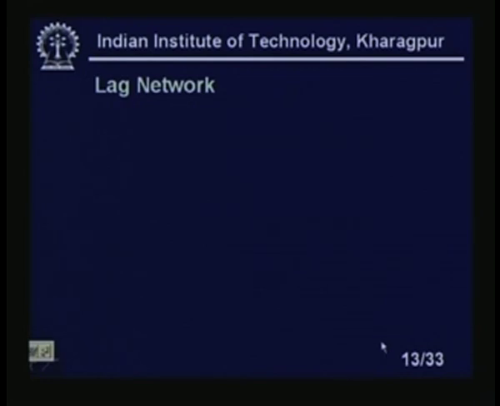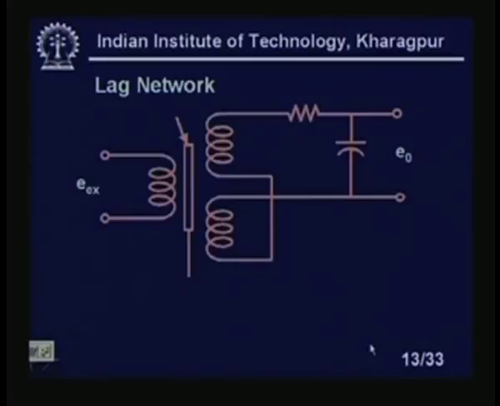Lag network, as I told you, we need some lead and lag network. The lag network looks like this. This is a circuit for when there is a lagging phase angle. We will connect this lag network, which will kill the lag, and the output voltage will be in phase with the input voltage.